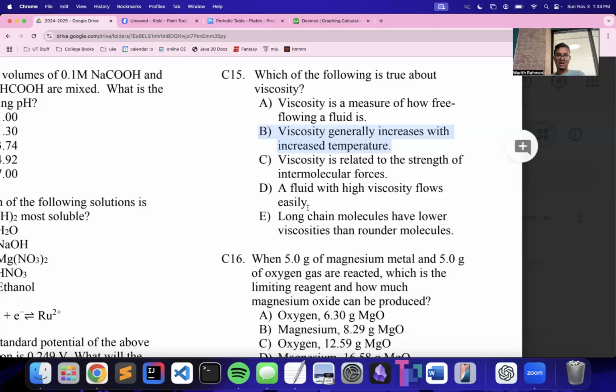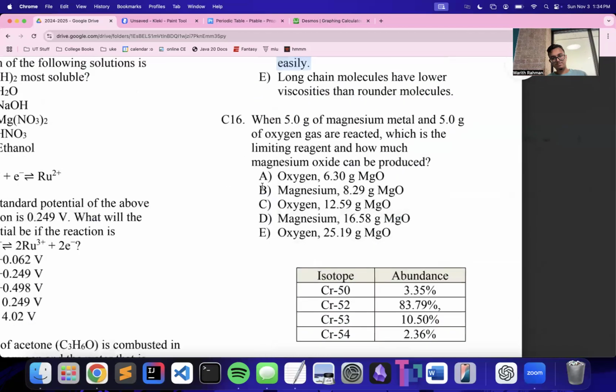For option D, a fluid with high viscosity flows easily. Again, this is just wrong. A and D relate to each other, so you can tell those must be wrong. And E, long chain molecules have lower viscosities. Long chain molecules tend to have more opportunities for IMFs between them, which is going to cause them to be more resistant, so they'll have higher viscosity.